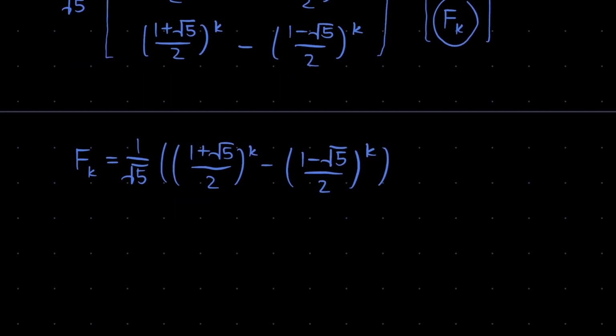Okay, now here's where things get really interesting. Notice that we can write this as 1 over the square root of 5 times phi to the k, where phi is the golden ratio, minus phi bar to the k, where phi bar is simply this other version of our quadratic solution. Beautiful.